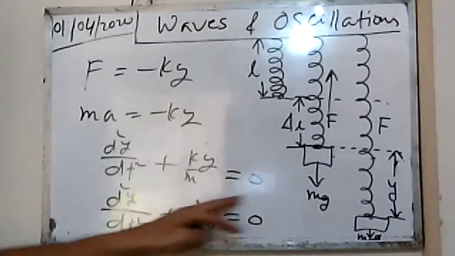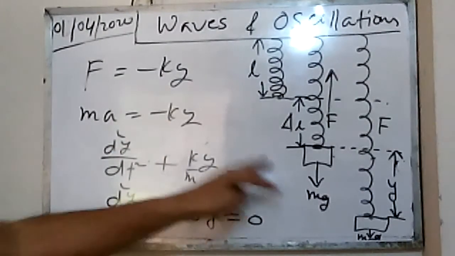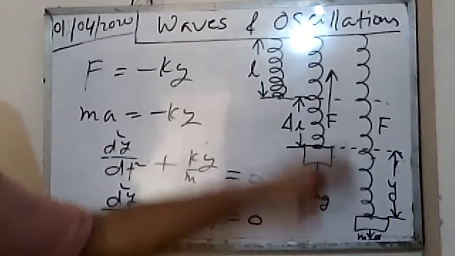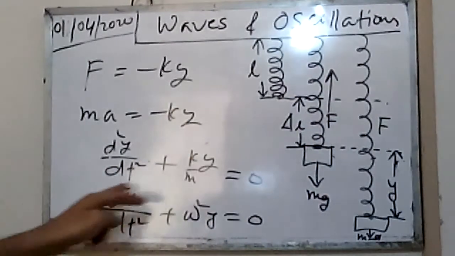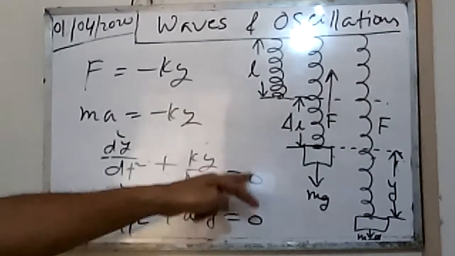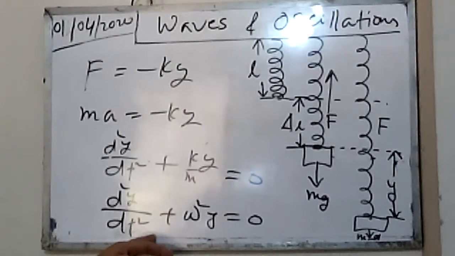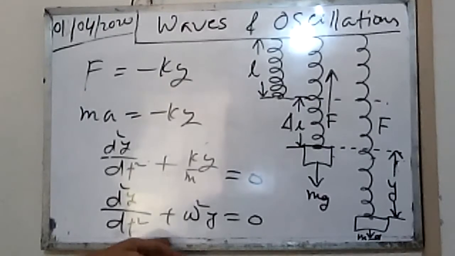From this spring mass system we have got this differential equation, and this is the same as the differential equation of simple harmonic motion.